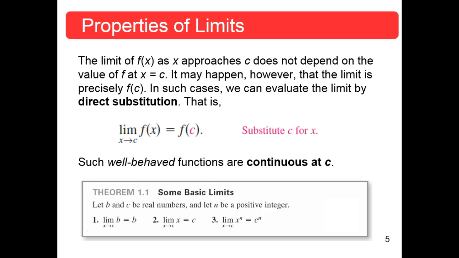Now, for any positive integer n, the limit as x approaches c of x to the nth would be... x is approaching c, so the limit would be, and by the way, this is called the power function. This is a constant function, identity function.